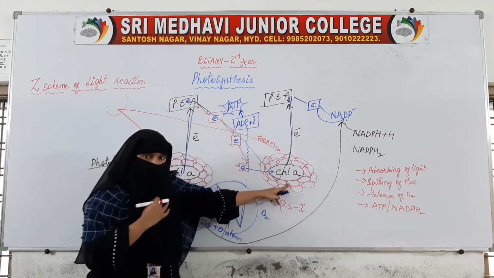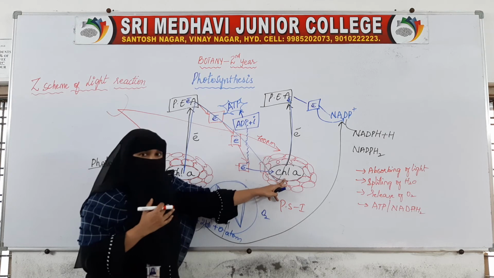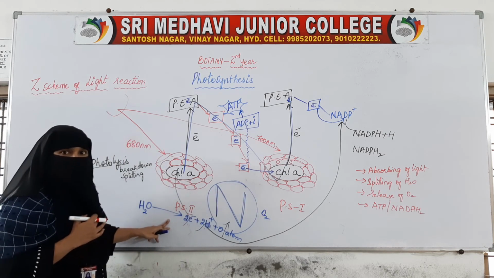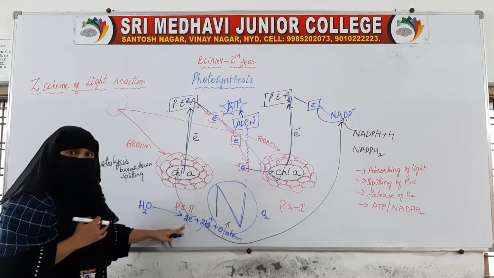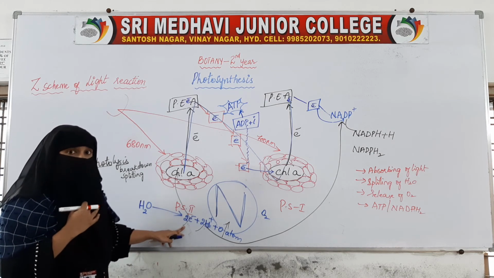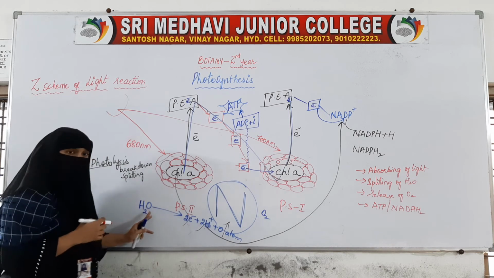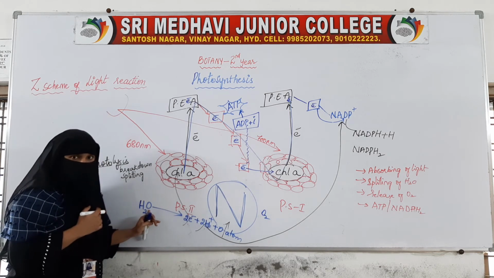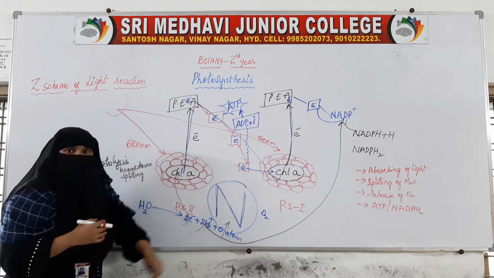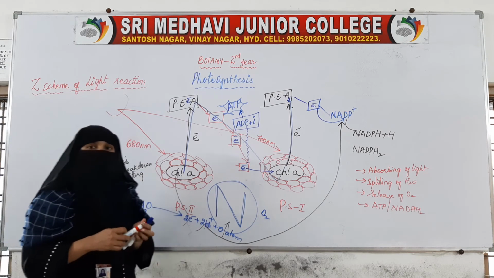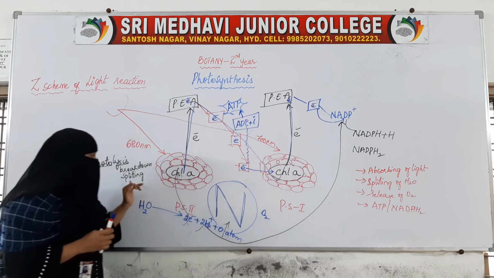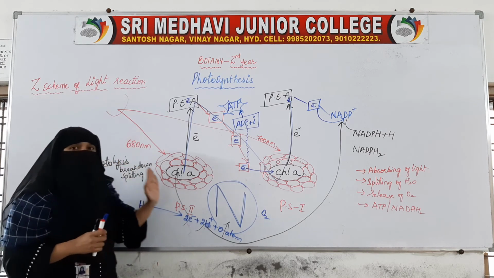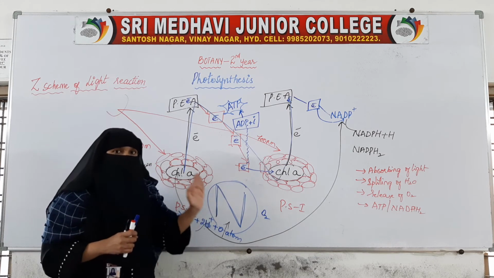So absorption of light has taken place, and because of that, this water molecule has broken down. This process, the splitting or breaking down of a water molecule into protons, electrons and an atom of oxygen, is called photolysis, because the splitting takes place in the presence of sunlight.